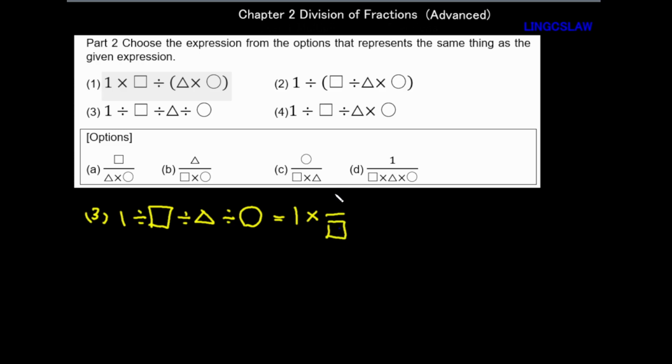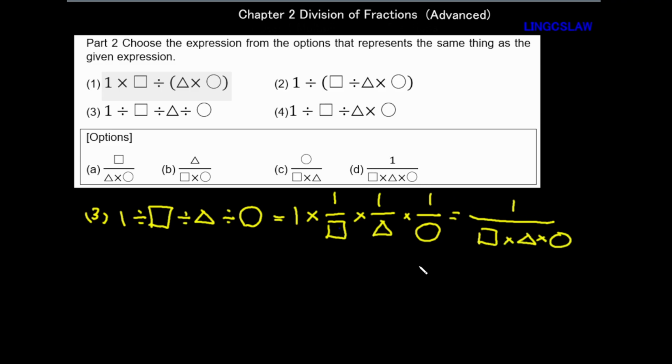So we can just take the reciprocal of each, times this one. So you can ignore this one. So the result is this one. So the same as D.